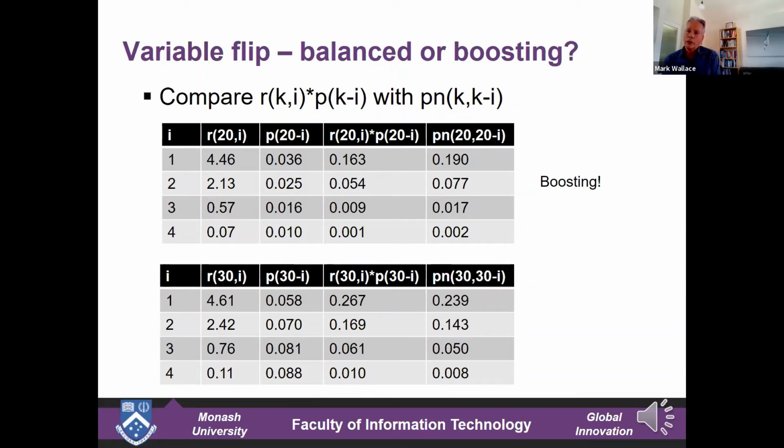Again, we work out R30I, we work out P30 minus I, and then their product. And we see that this time, R30I times P30 minus I, so looking at the first row, R31 times P29, is actually greater than the probability of a neighbour of a point with fitness 30 has fitness 29.